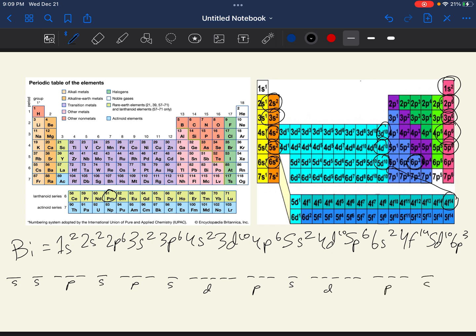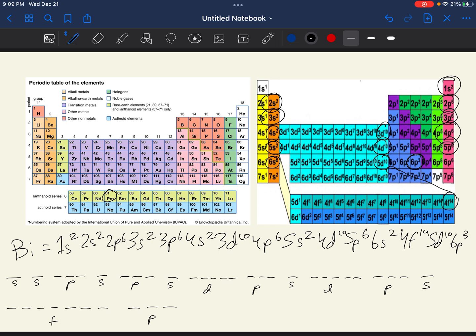P, S, and then I'm going to write the rest a little lower. There are 7 dashes in the F because 7 times 2 is 14. And then a P. That was a lot.